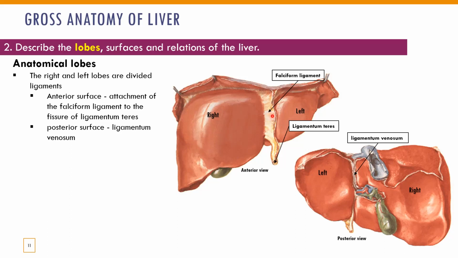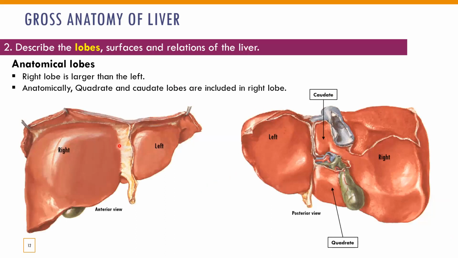The falciform ligament is continuous with the ligamentum teres. And from the posterior surface, it is divided by the ligamentum venosum. So there are two ligaments: anteriorly the falciform ligament, and posteriorly the ligamentum venosum.